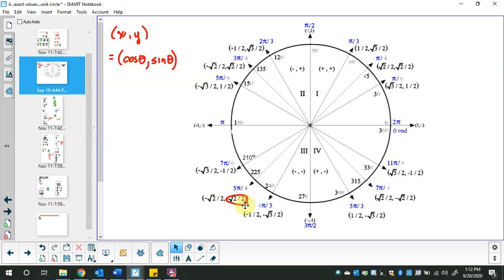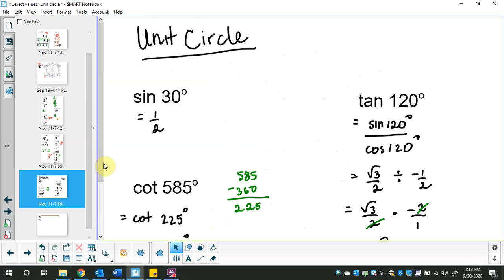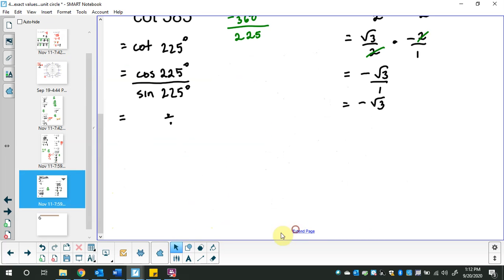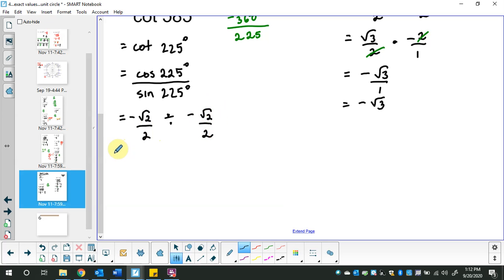So identical values, both of them being negative. Now I hope you don't have to go through all this work. I'll tell you why in a second.